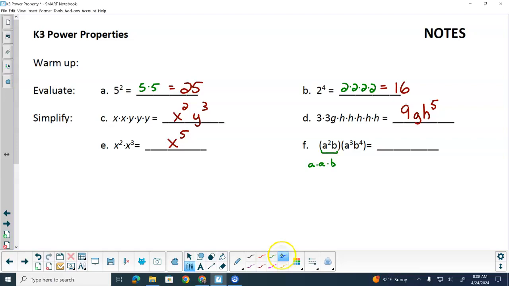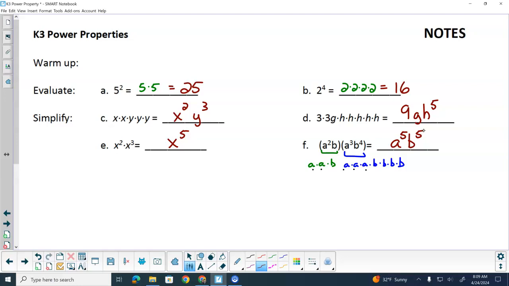Then here, this one would be A times A times A, B times B times B times B. So total A's, I've got 1, 2, 3, 4, 5, right? So that would be a to the fifth power. Yep. And how many total b's do I have? Also b to the fifth power. Yep. Exactly. Questions on those 6?